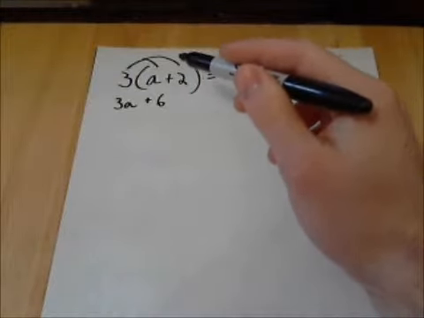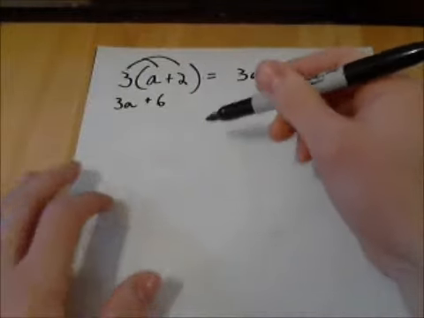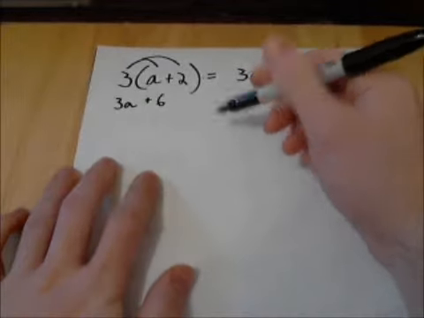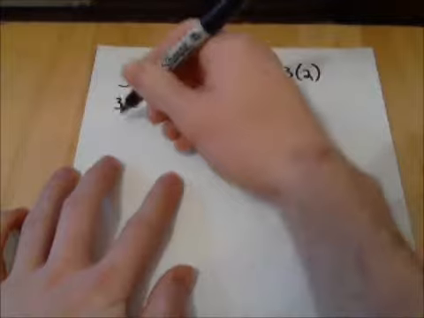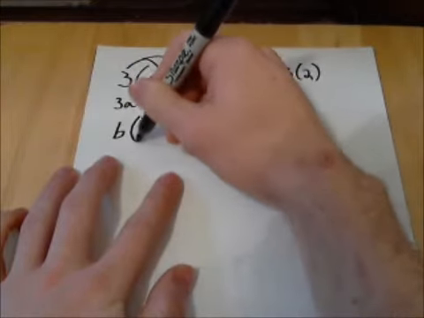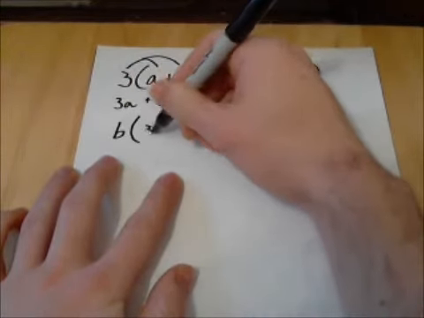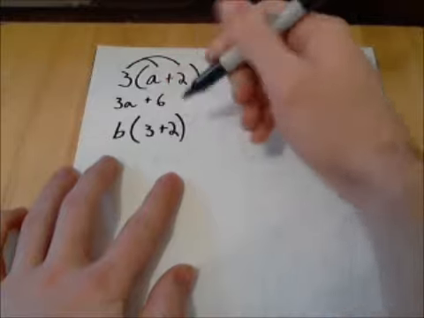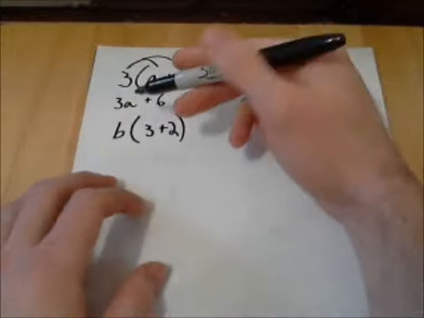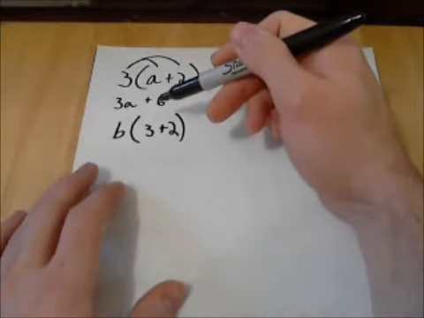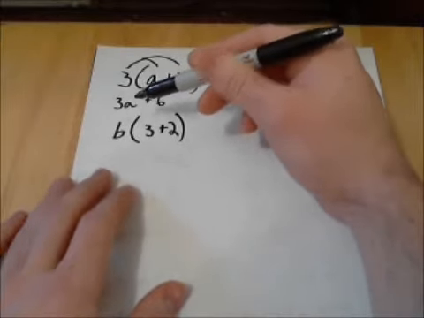So now let's do that just one more time just to solidify this, only now let's move the variable outside the parentheses. So now we have B times 3 plus 2. Now with this one we could just add everything in the parentheses and multiply by B, but in keeping with the distributive property, I'll do it that way.